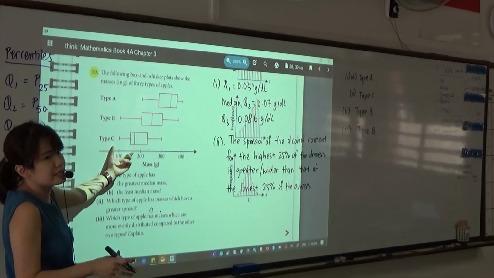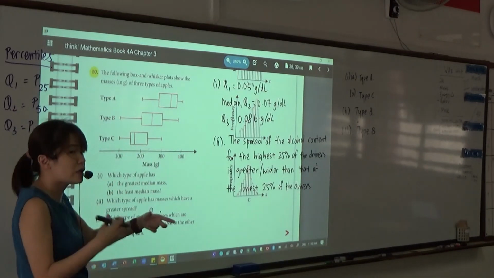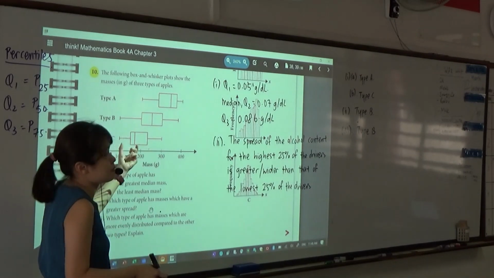Likewise looking at type C, they are not equal in terms of the spacing itself.